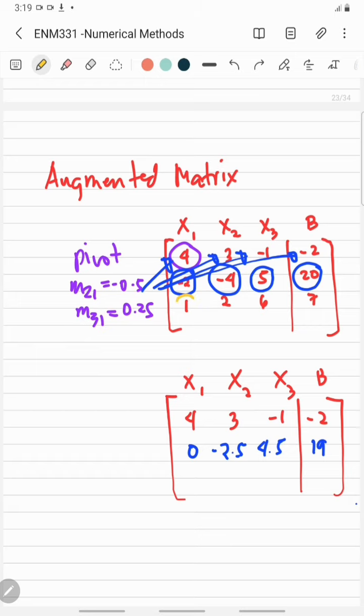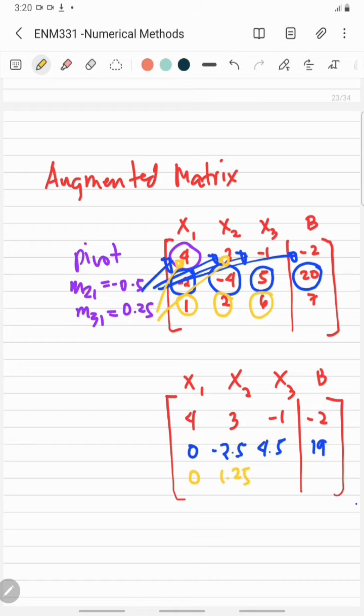Okay, so we have 1 minus 0.5 times 4. That is equal to 0. Then we have 2 minus 0.25 times 3. That is equal to 1.25.